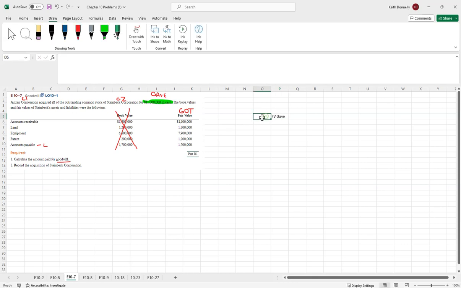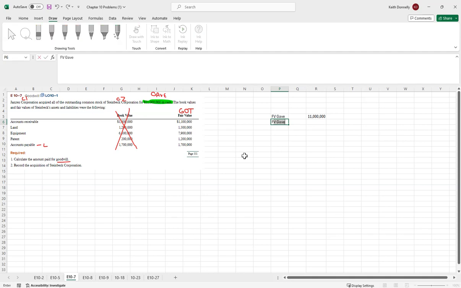If we were to just do the math on this, the fair value of what we gave, 11 million, that's great, right? Then we have to do the fair value of the net that we got. Right, that's kind of weird. What do we mean by net that we got here, right? So it'll be the fair value of the assets that we got minus the fair value of the liabilities, right?